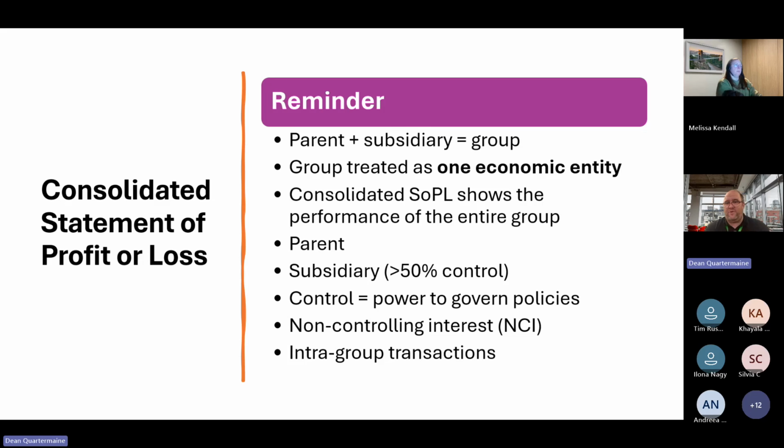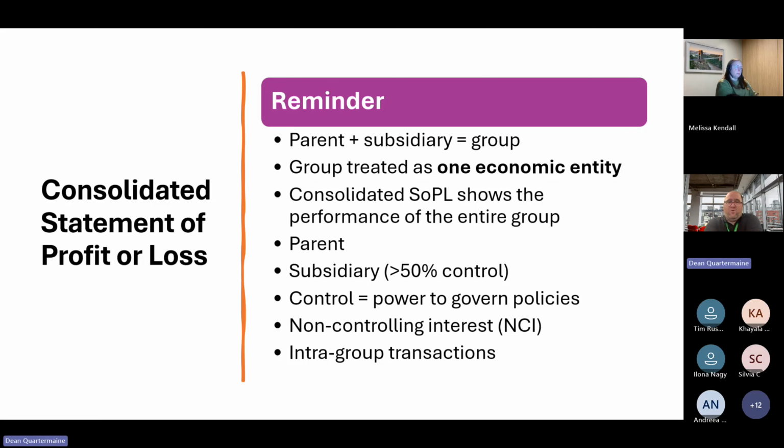A is the parent, B is the subsidiary, and it's only a subsidiary if the parent has more than 50% control. So in our example, A owns 60% of B, so we do have control, more than 50%, and it's therefore considered to be a subsidiary.